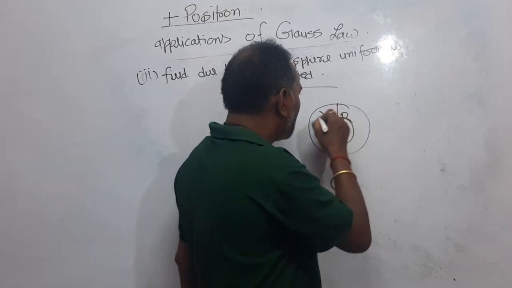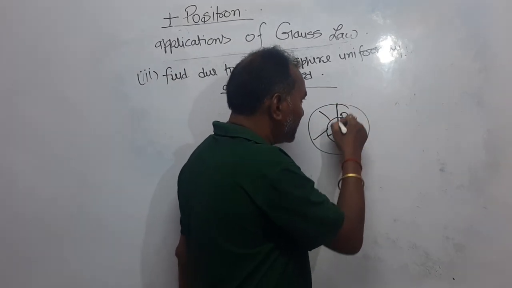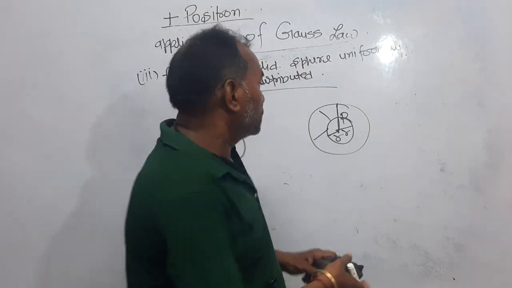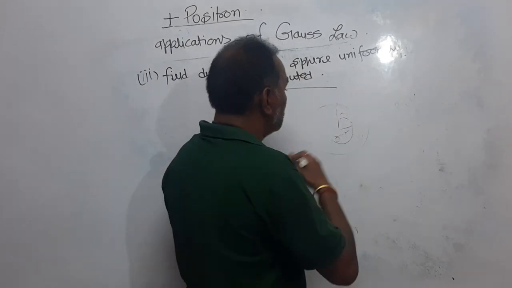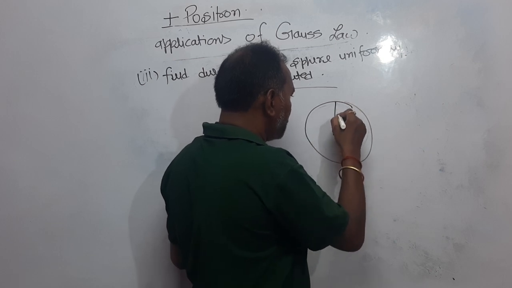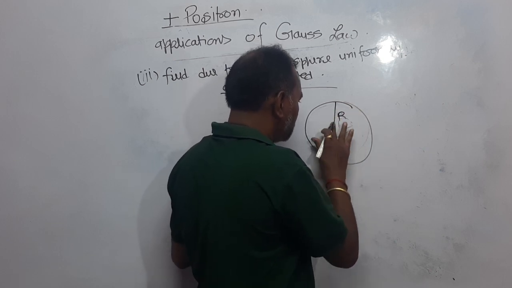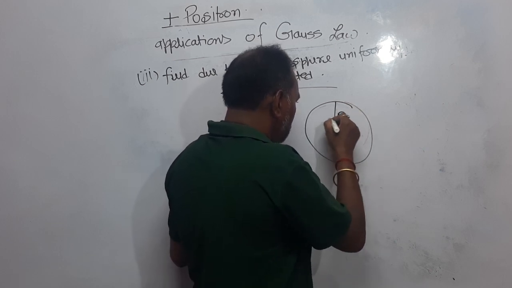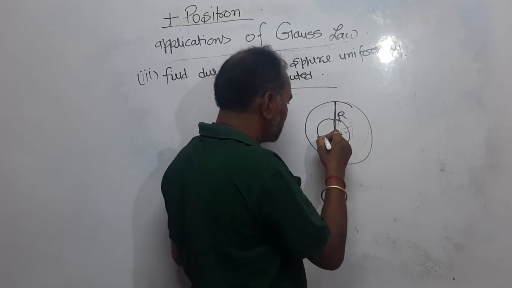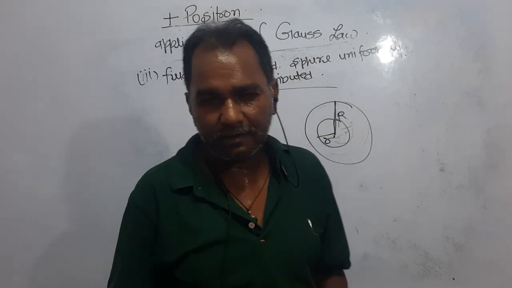What is left is a hollow sphere of external radius capital R and inner radius small r.